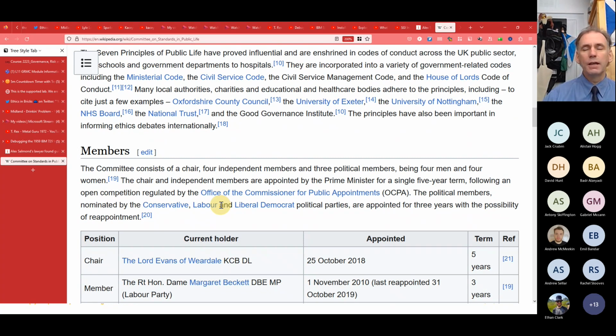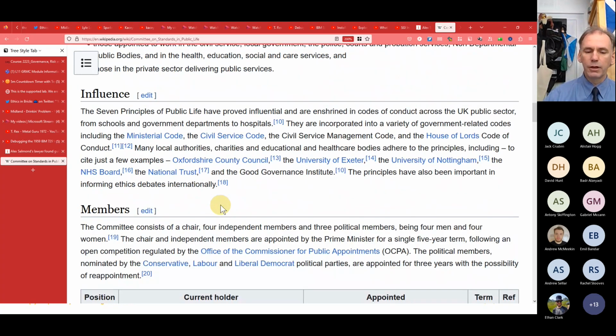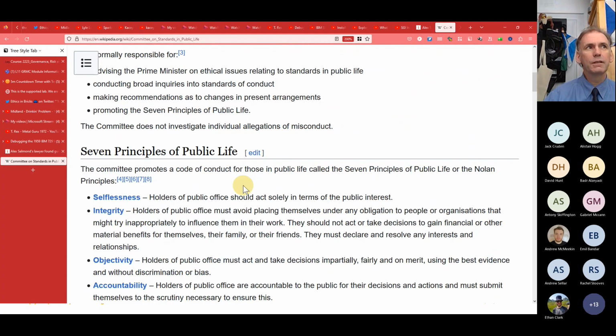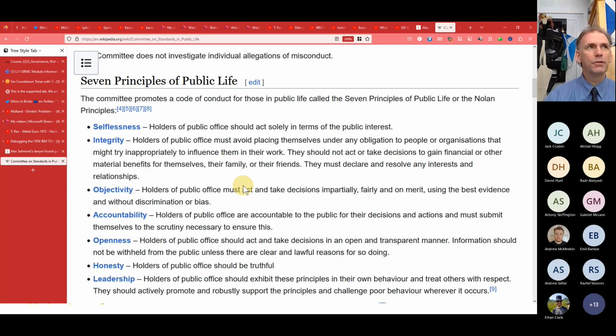So the question in the chat is about the case study and whether a community development trust can be considered a public body in terms of thinking about, I'm assuming, these principles. So let me ask everyone that question. Rather than me answering it, let me very quickly put up a poll.